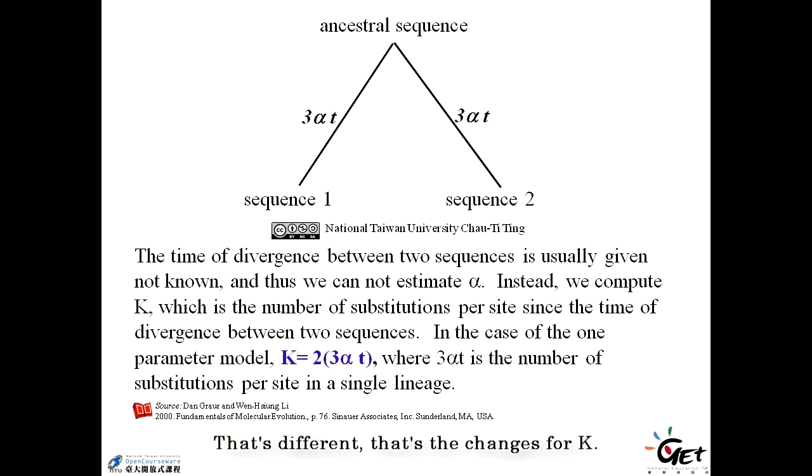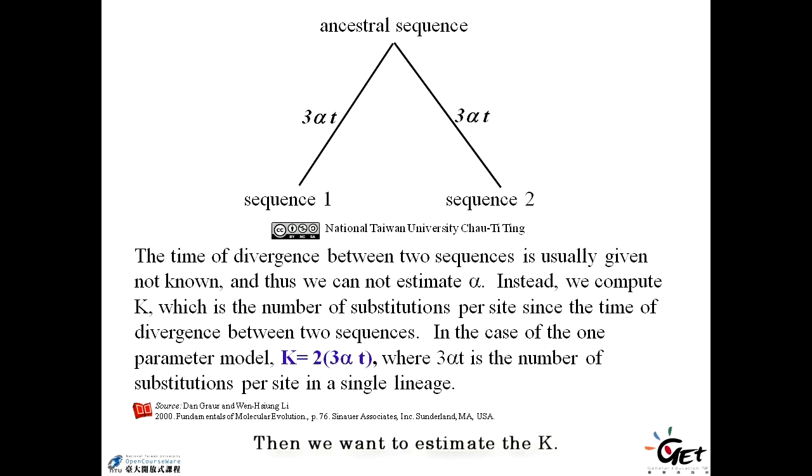That's the difference, that's the changes for k. So at the bottom, you can read the words afterwards, but the important part is that k equals 2 times 3 alpha t. So the important part is the 2. So 2 independent lineages in this formula.